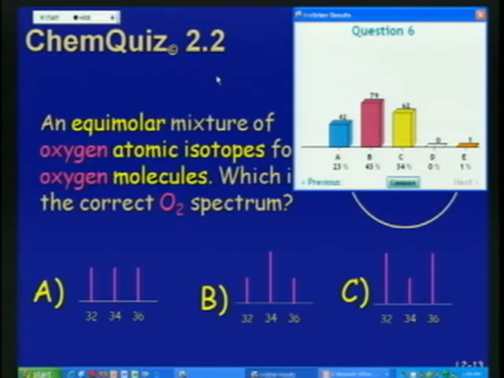I grab a second time, statistically, I grab an 18. 16 and 18 is evenly distributed. Now I take the red one, oxygen 18. I grab a white one, oxygen 16, and I go there statistically distributed, oxygen 18. So now try to discuss this with your neighbor and try to give me an answer.